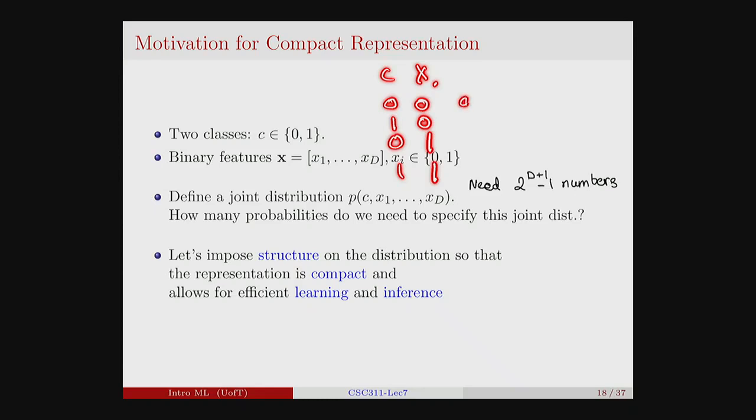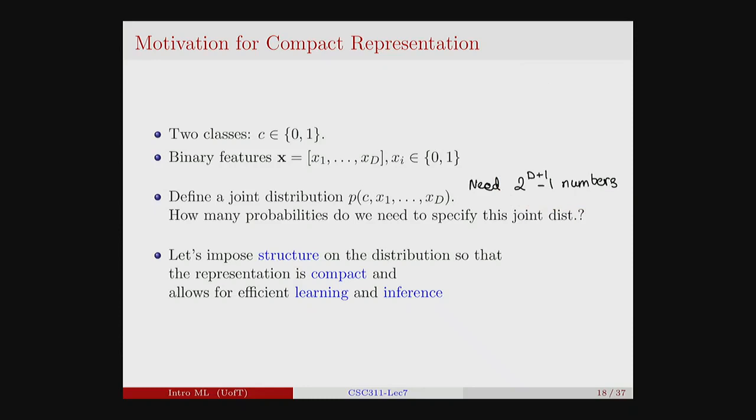So you need numbers A, B, and C for the first 3, and you know that the last one, because all probabilities sum to 1, can be represented via this number. So you need 2 raised to 2 minus 1, which is equal to 3 numbers, in the case where D is equal to 1. And that generalizes as 2 to the D plus 1 minus 1 numbers in the D-dimensional case.